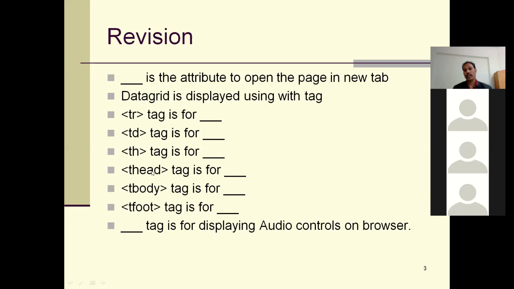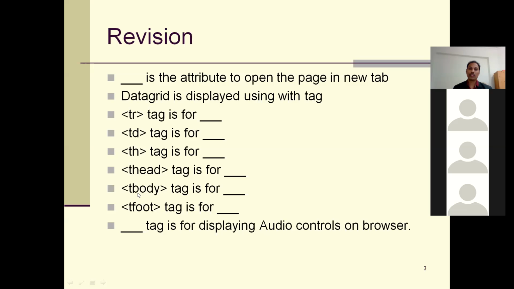Hasini, to you, what is the thead tag for? Table header. Right, thead is like the container, so it just holds the header part. It will include the table row, and then it will contain TH tags inside it.